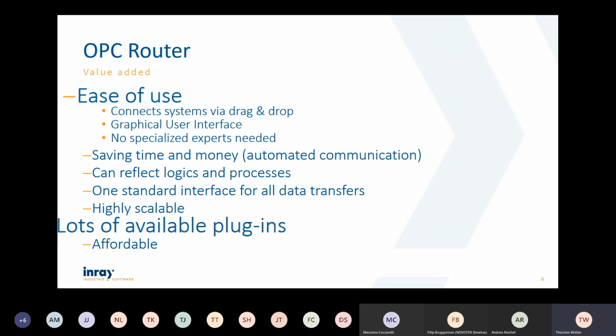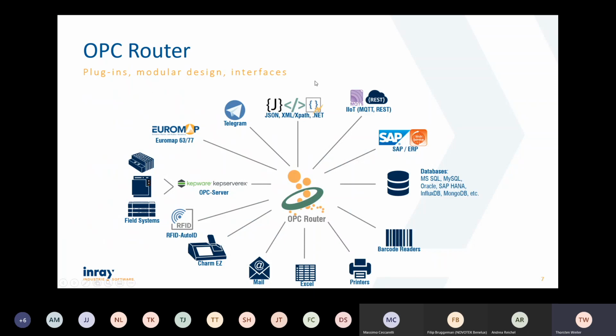So it's not meant to only connect, I don't know, maybe PLCs with a cloud, or mainly to get data and put it into a database. So it's really supporting lots of different kinds of systems and connections, which you can see on that picture here. That picture is not showing all of the available connections and plugins, but some of them.